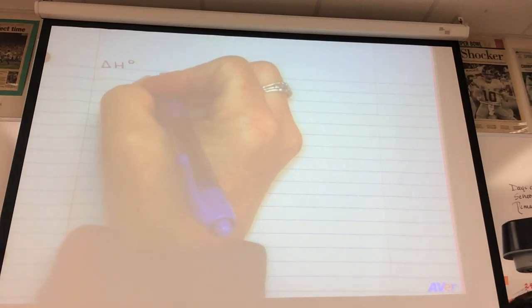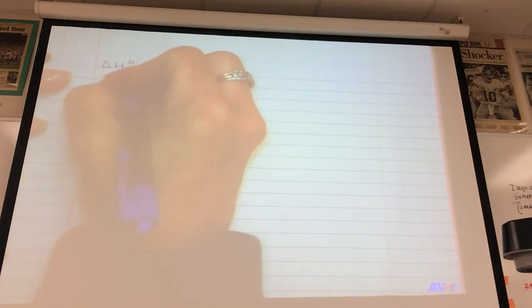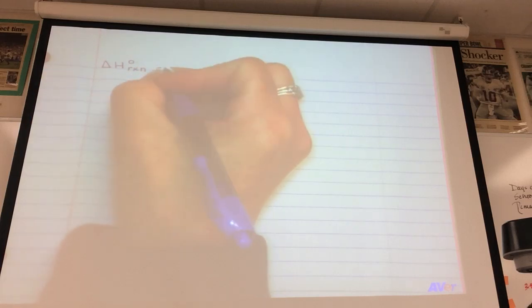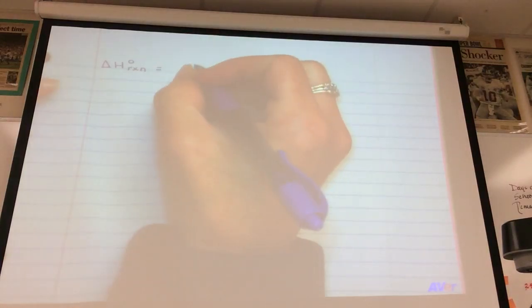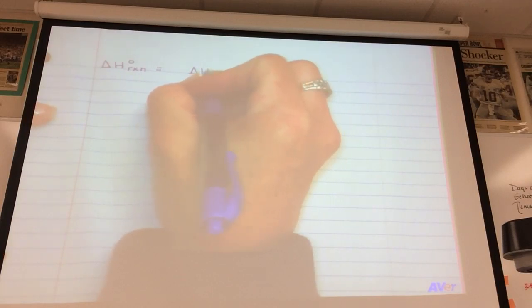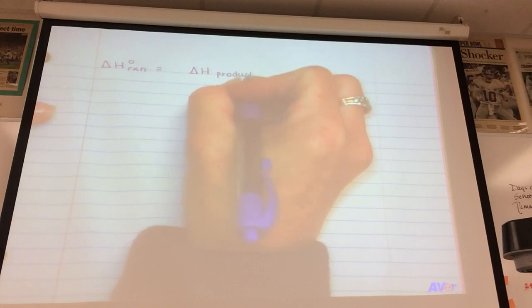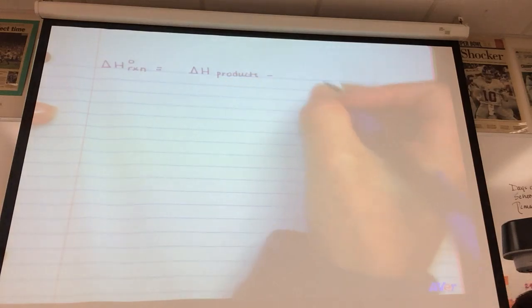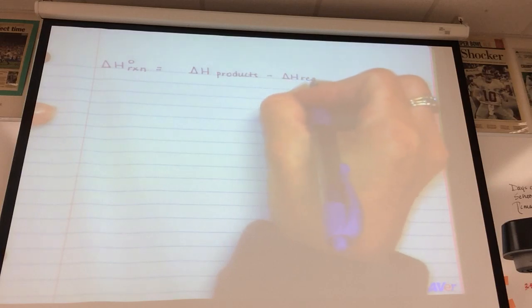This is not STP, a little bit different. That means standard conditions. The change in enthalpy for the reaction is going to be equal to, and I'm going to expand upon this formula, and that's why I'm writing it pretty elongated, the delta H of the products minus the delta H of the reactants.